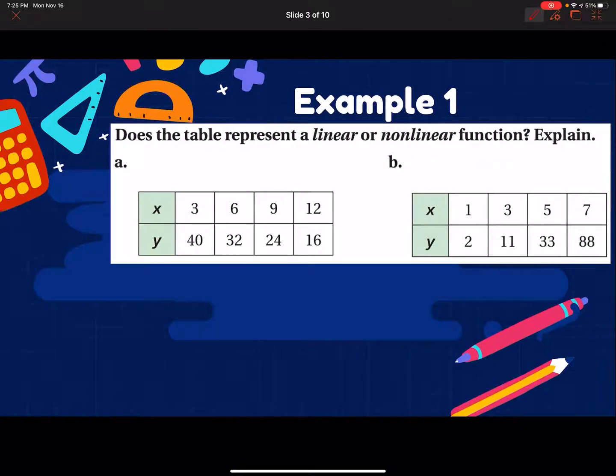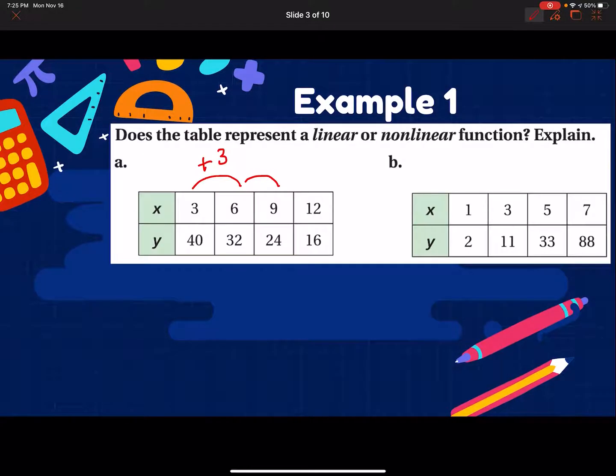Okay, example 1 says, does the table represent a linear or nonlinear function, and explain? So we're looking at table A. And this time our table is horizontal rather than vertical, but we can still go through the same pattern to see the rate of change. So with my input or x value, I'm going from 3 to 6, which is an increase of 3.